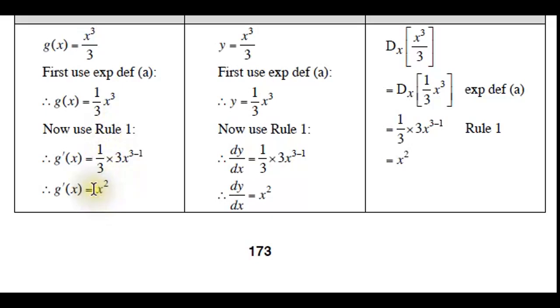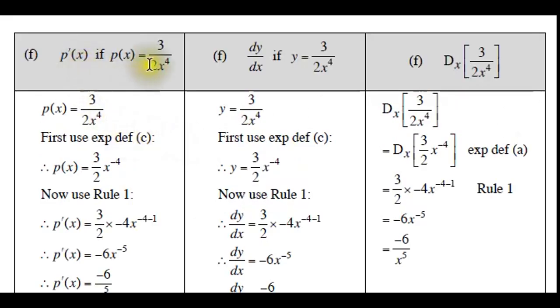So this is why it becomes 1x squared, because we subtracted 1 from the exponent. So a third x cubed, subtract 1 from the exponent, we'll get x squared. Where did the 1/3 go missing? Because 1/3 times 3 will give me 1. And that's how it works.